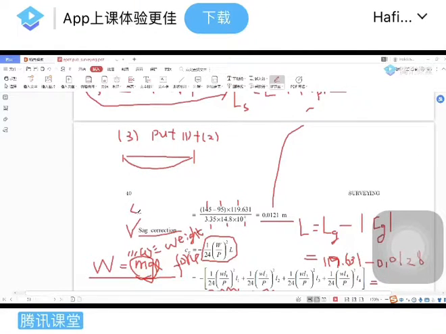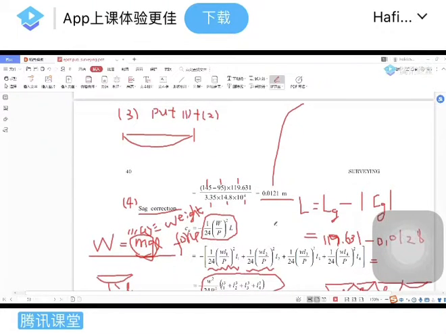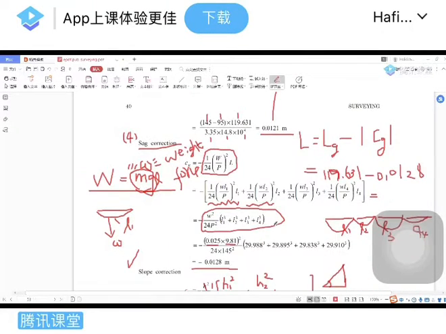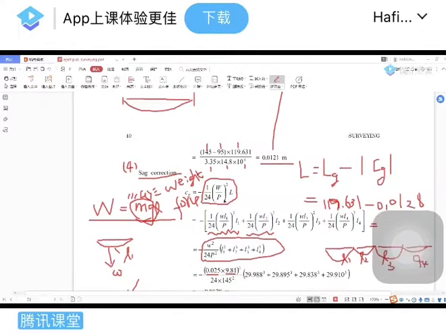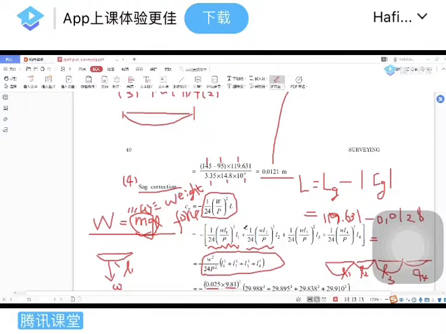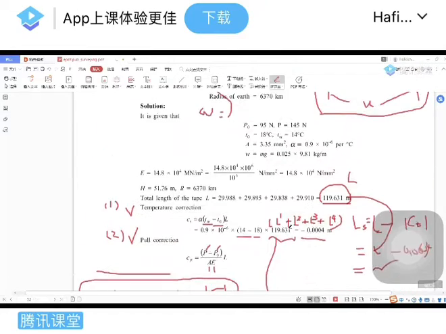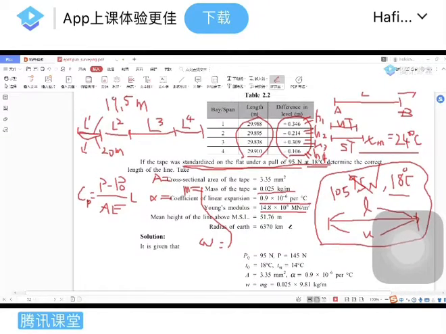Fourth, sag correction. P here, previously we were talking about P, is your exerted force, the pull force. P stands for the pull force.